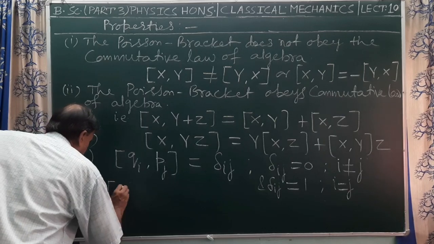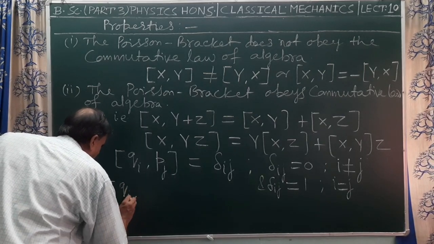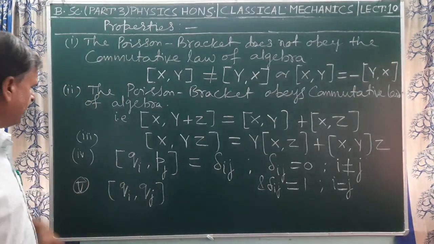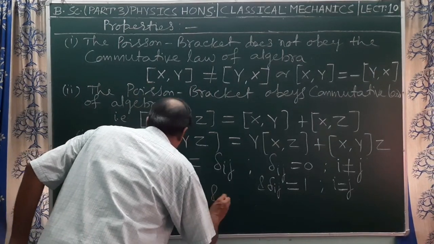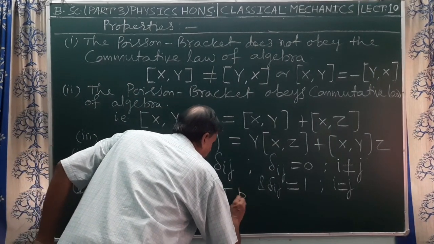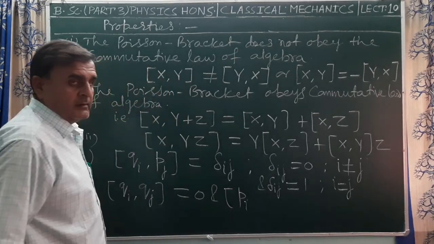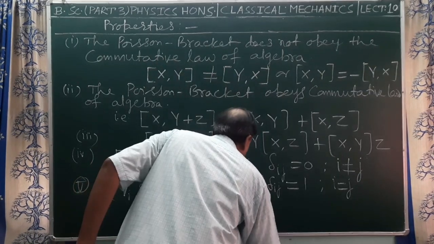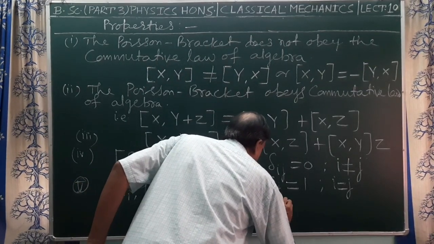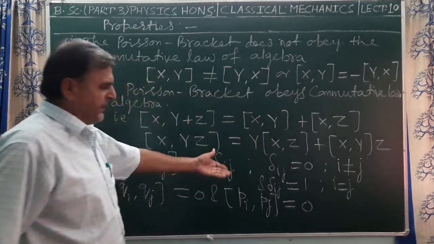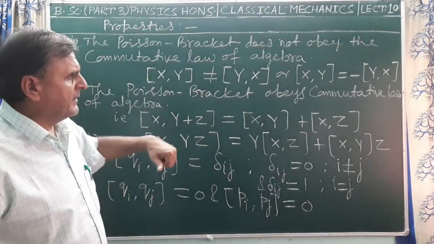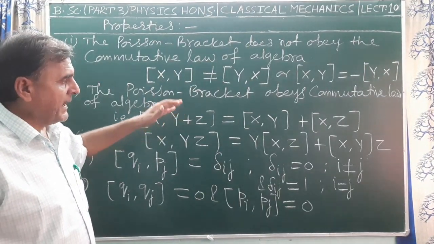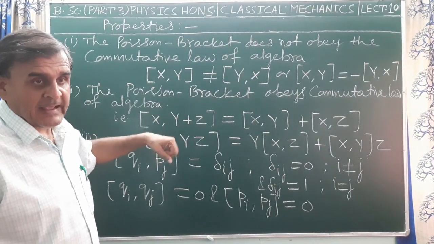It is under the square bracket qi qj, that is the Poisson bracket of two position coordinates qi and qj equals 0, and also the Poisson bracket of two momentum coordinates, under the square bracket small pi comma pj bracket closed, is also equal to 0. We can prove it by the mathematical representation of Poisson brackets, which we have already discussed in this video as equation number 1.